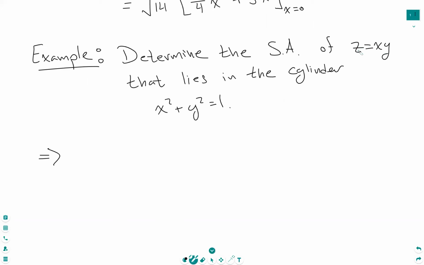We need this to equal some constant. That's not too hard. We can just subtract one of these quantities over and set it equal to 0. So I'm going to say that G of x, y, and z is equal to x times y minus z is equal to 0. Right now it's equal to some constant, and we've got our G function here.